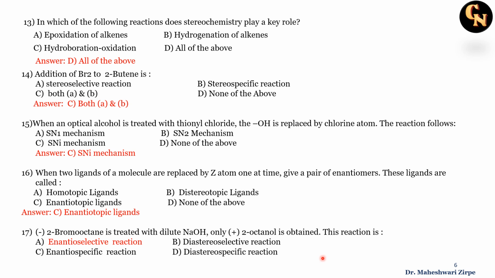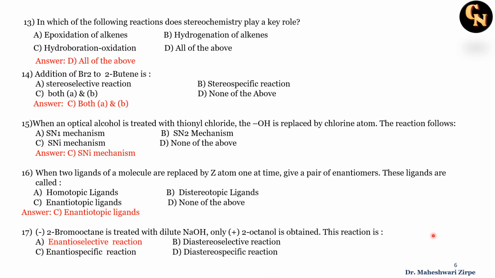So it is an SN2 reaction, and you will find that minus has been converted into plus, meaning levorotatory has been converted into dextrorotatory. Whenever there is a change in the isomers, enantiomers are formed. So obviously the reaction is enantioselective. Plus has become minus or minus has become plus, so it is an enantioselective reaction.